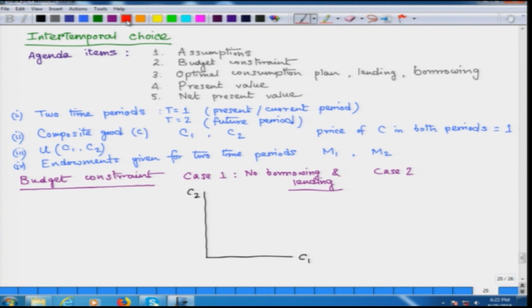If no borrowing and lending is permitted, then the maximum consumption that the consumer can have in period 1 is constrained by his or her income M1, and of course, the maximum that he or she can consume in period 2 is given by the money income M2, the income in the second period. So, we observe there is a dot in the consumption plane. That is basically the endowment point.